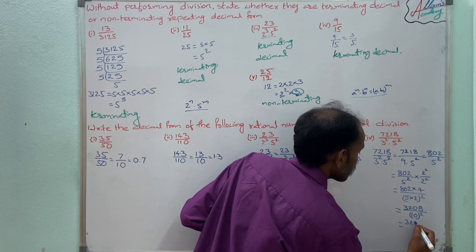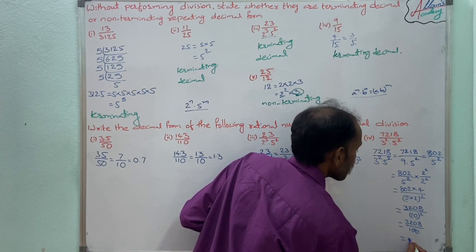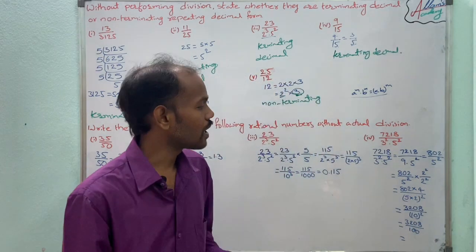So 3208 by 100. The denominator is in the form of a multiple of 10.